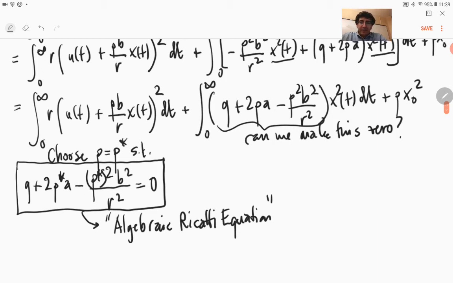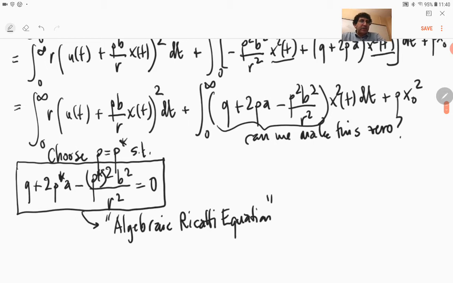But in the general case, as we will see, this becomes a vector matrix equation, and it becomes in fact much harder to solve. But it can be solved in some special cases.